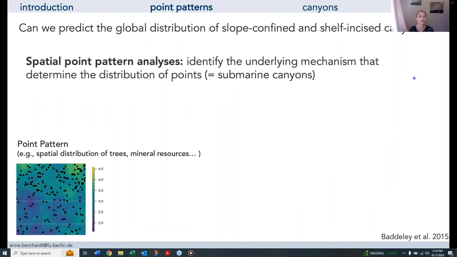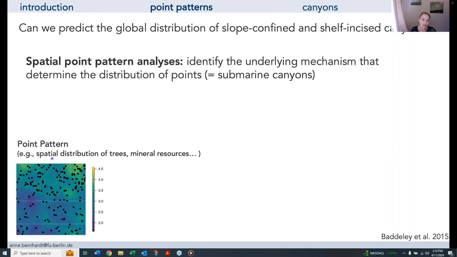We use point pattern analysis to approach this question, and that's a technique that can identify the underlying mechanism that determines a distribution of points in space. So here is a point pattern. The black dots are points, and the colors in the background are a smooth point density.